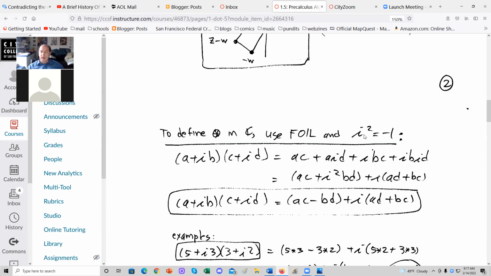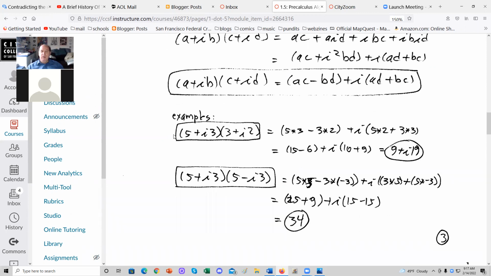And we also use that i squared equals -1. So you have ac plus i squared bd from here, and that comes out to ac minus bd. Then there's a common factor of i. Again, we assume that the usual rules of distribution will work and get i times ad plus bc. So that is the product of two complex numbers, using FOIL and i squared equals -1.